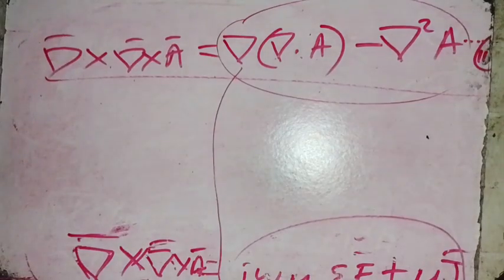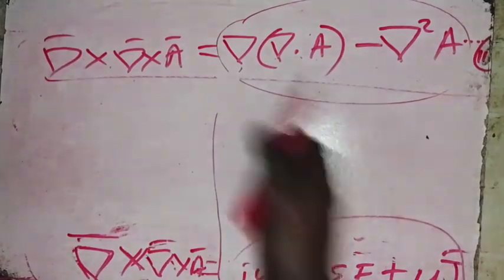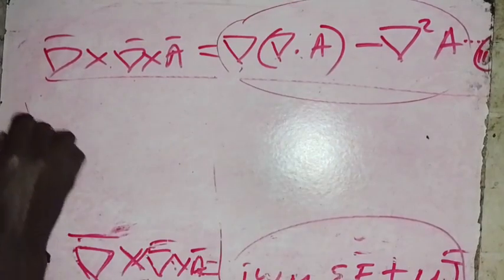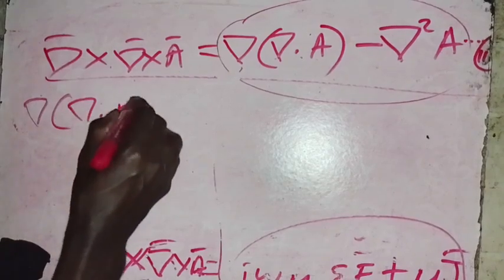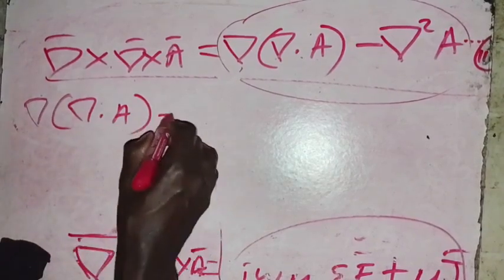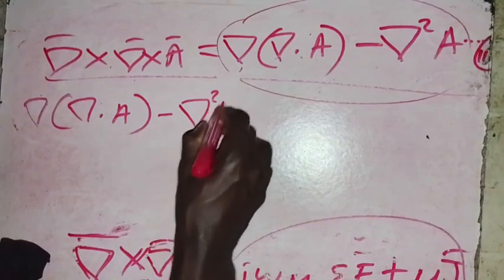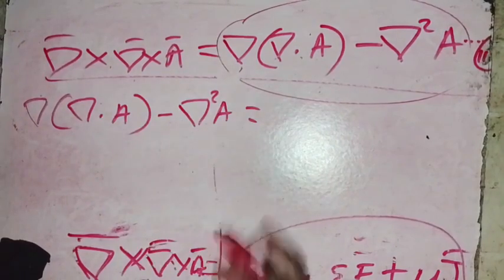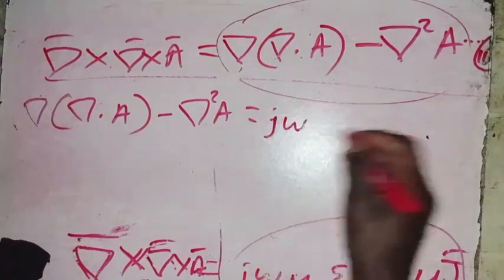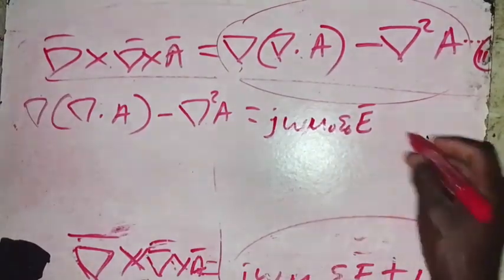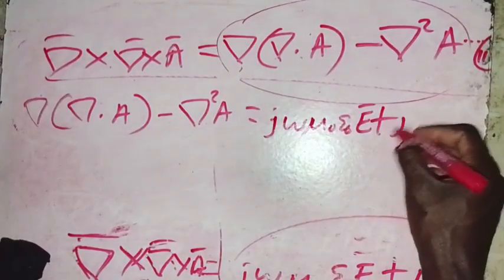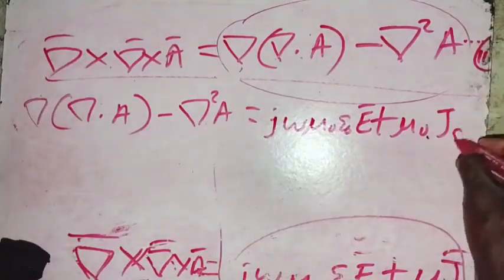So let's quickly do that. We can say that the gradient of the divergence minus the Laplacian is equal to everything we have here. So it's equal to j omega mu naught epsilon naught electric field plus mu naught Js.